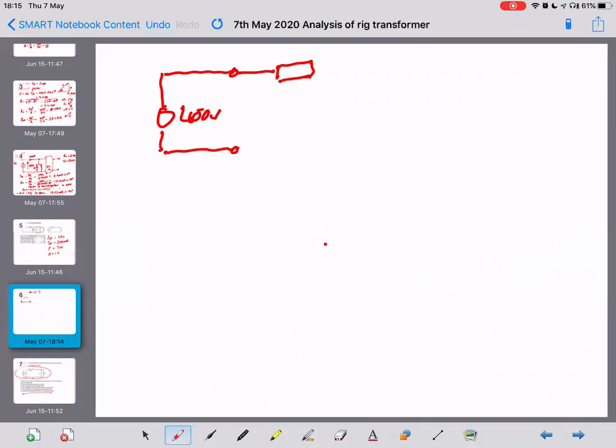We've got to find this R and X from the information that we measured, so that we can use this model. Any ideas as to how we can start that?